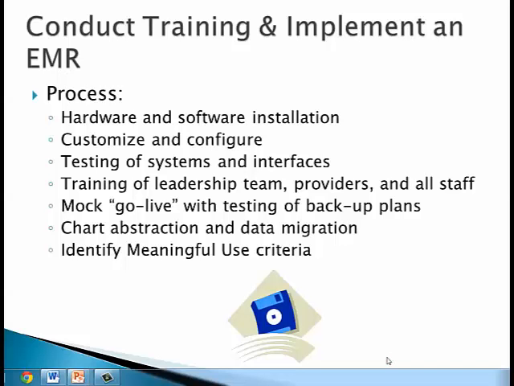It's important to do a mock go live with testing of the backup plan. We sometimes call it a dress rehearsal, to test everything before the actual go live date. You want to be able to do chart abstraction and data migration. All those paper charts, you don't want to get all the information into the new EMR, but there's certain basic information you would like to have pulled in just so you have a basis, and your patients are what we call in the system.